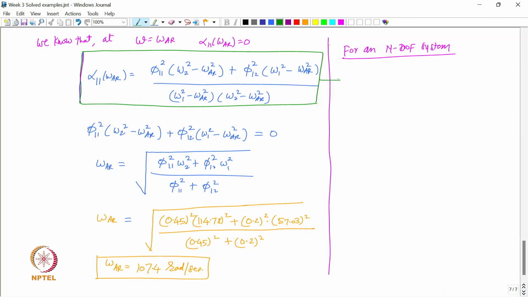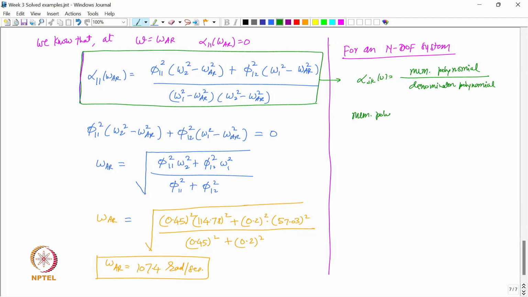So, if you look at this one, this is essentially the FRF, we can write in general as a ratio of numerator polynomial divided by denominator polynomial, right. So, for an n degree of freedom system, what is going to happen? The numerator polynomial, the roots of that essentially constitute the anti-resonance frequencies, right.